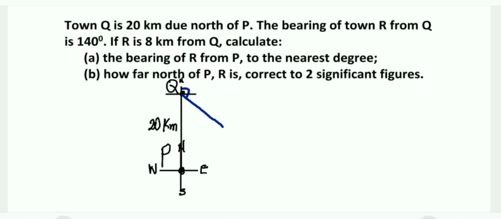Don't forget, I've been told that R is 8 kilometers from Q. That means the position of R is somewhere on this line. The distance between Q and R is just 8 kilometers. That 8 kilometers must not be longer than this 20 kilometers. You expect that 8 kilometers will be shorter.